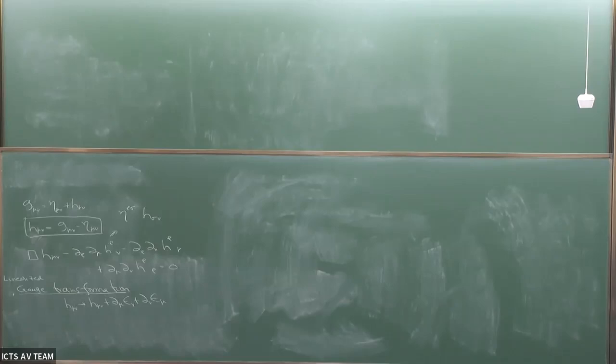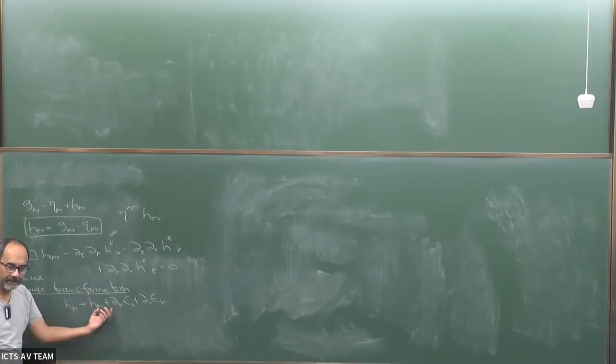And our goal will be to try to find the solution to this equation with this gauge invariance in mind. Okay, and this will be similar to what we do in electrodynamics, right? The way you find plane wave solutions in electromagnetism. You write the equations of motion and also take into account the fact that there is gauge symmetry.